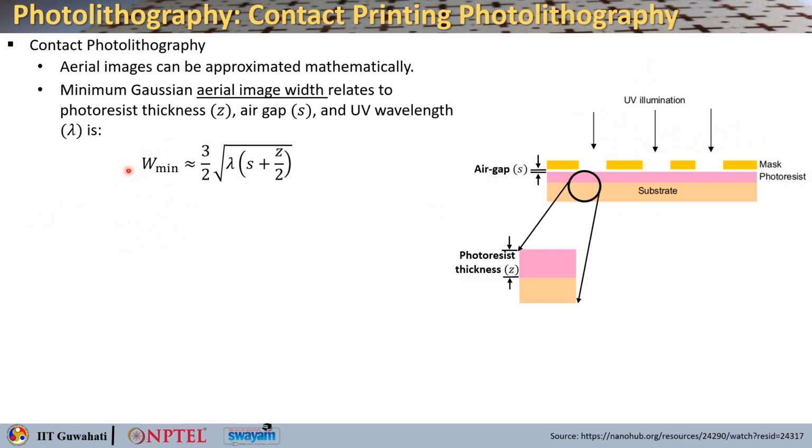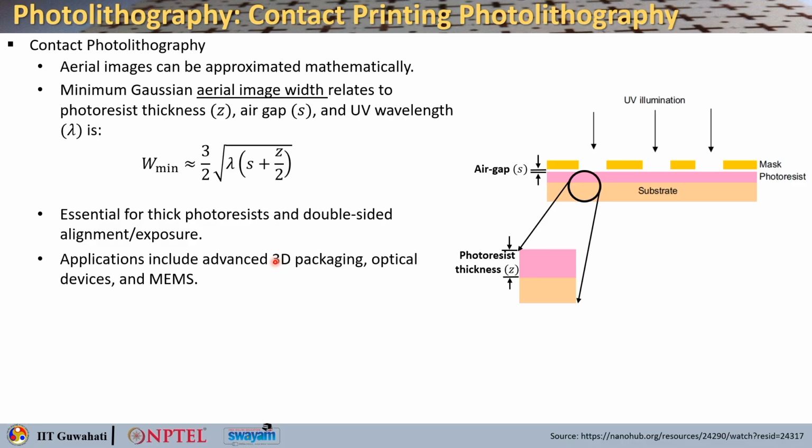The minimum Gaussian aerial image width is equal to 3/2 times the square root of lambda times (S plus Z/2). Contact lithography is essential for thick photoresist and double sided alignment exposure. Applications include advanced 3D packaging, optical devices, and MEMS.